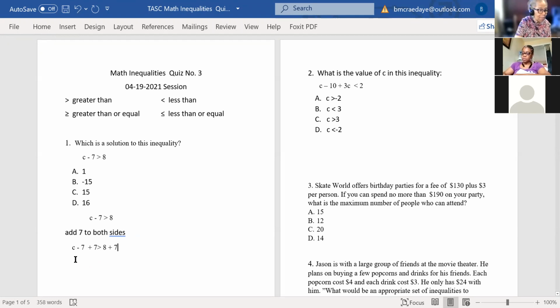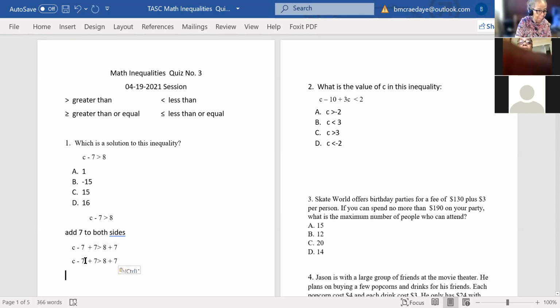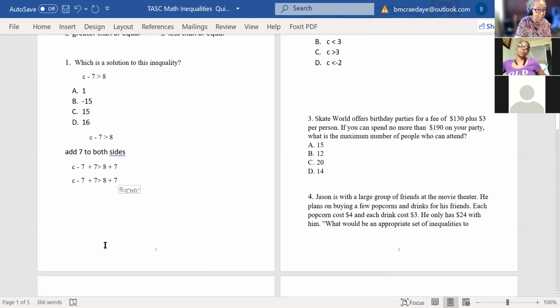Okay, what do we get on the left side, Vanessa? Yes, we add that 7. What do we get? Just C. That's it. Excellent. You get C because minus 7 and plus 7 is 0. So let's copy that over and take out our 7s.